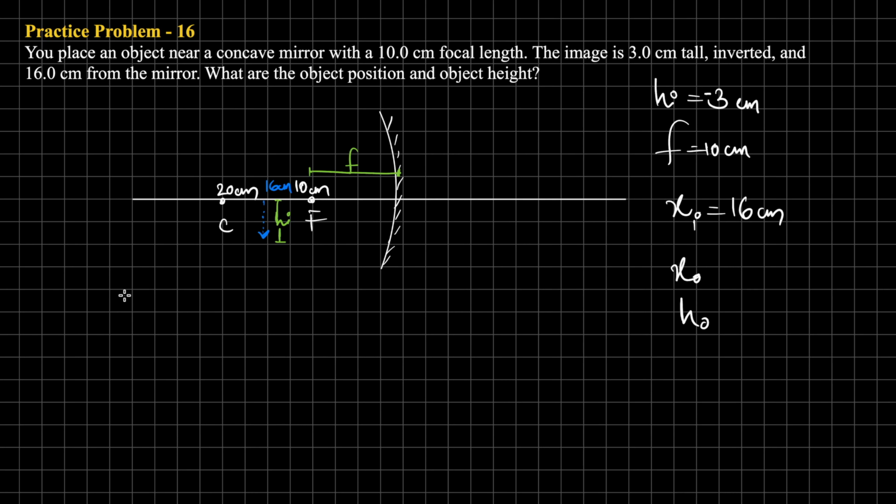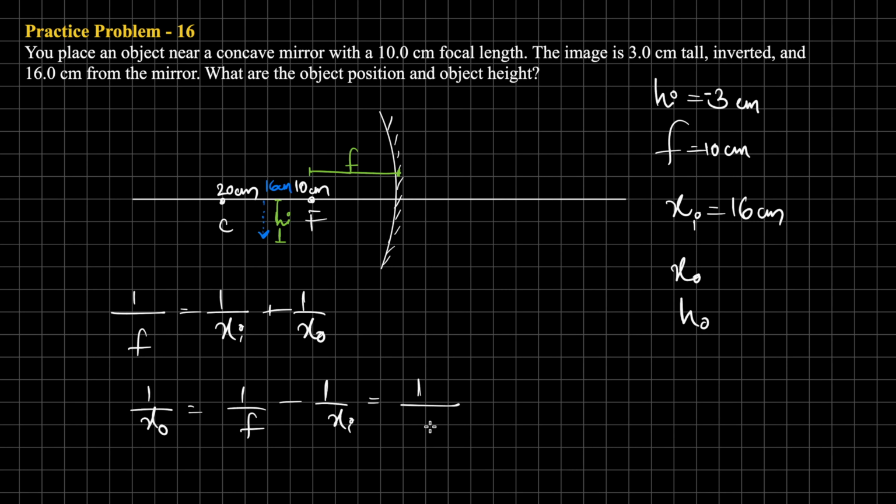To find xo, we have the mirror equation, 1 by f equals 1 by xi plus 1 by xo. Rearrange to find xo. 1 by xo equals 1 by f minus 1 by xi. Substitute the values. Focal length is 10, minus xi which is 16.